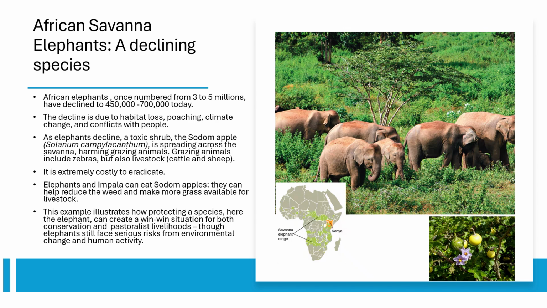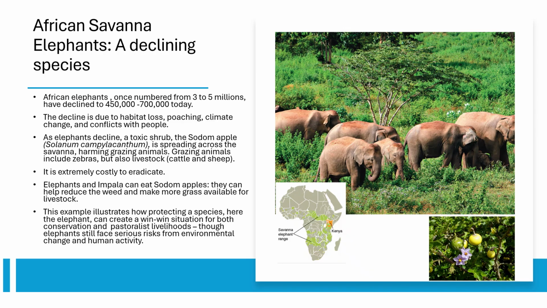Among organisms that can consume the Sodom apple are the elephant. Elephants and impala can eat the Sodom apples. And when they browse on it, they can actually help reduce the weed and make more grass available for livestock. So really, for people raising livestock, having elephants around is actually a huge benefit.